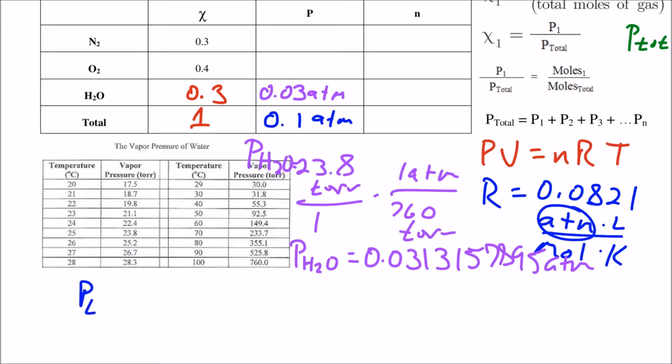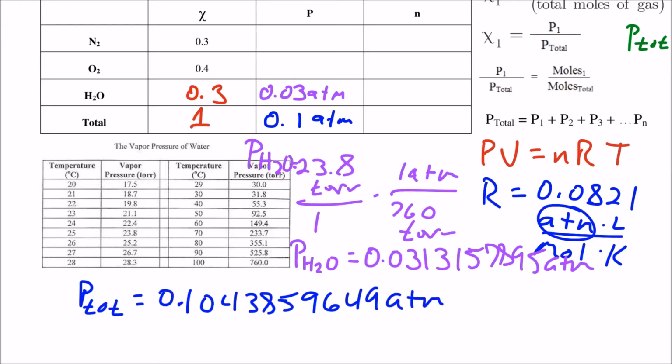The total pressure is equal to 0.10438599649 atmospheres. Okay, so now that we've done that, we can figure out what the individual pressures are of the other gases in the sample, okay?